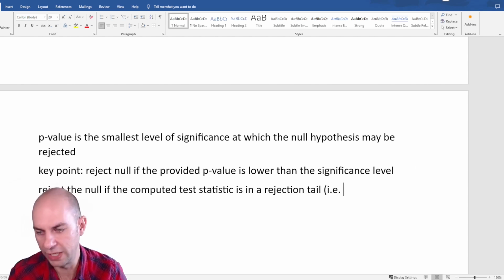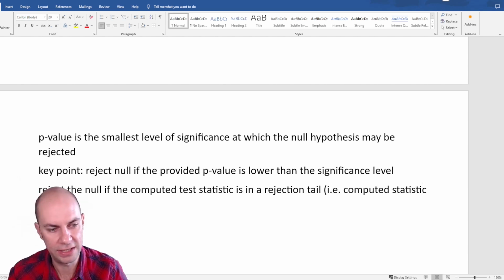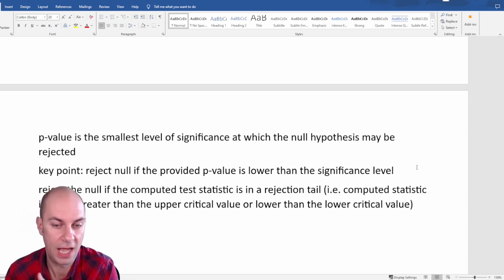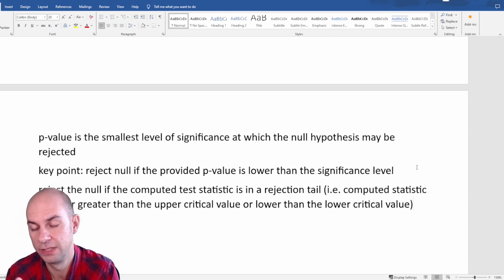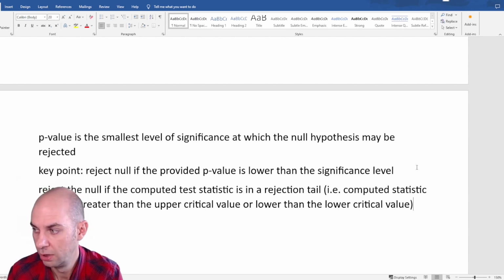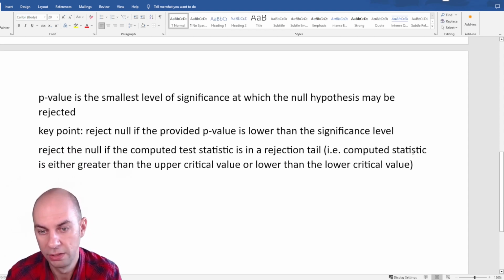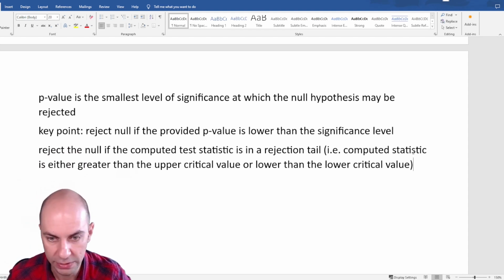What that actually means is that the computed statistic is either greater than the upper critical value, meaning we're in the right rejection tail, or it is smaller than the lower critical value. I hope that's clear.